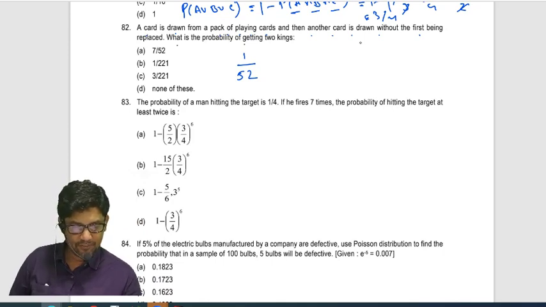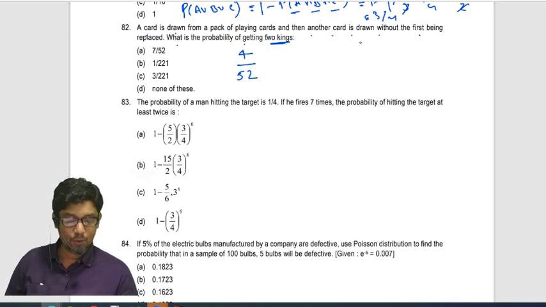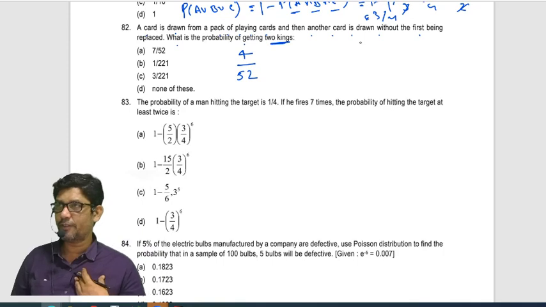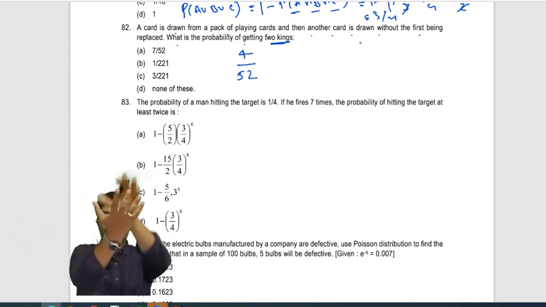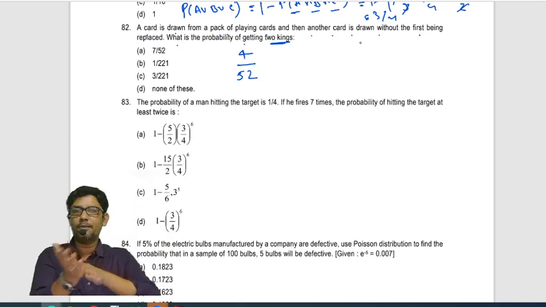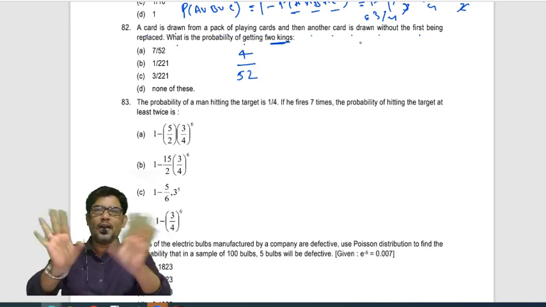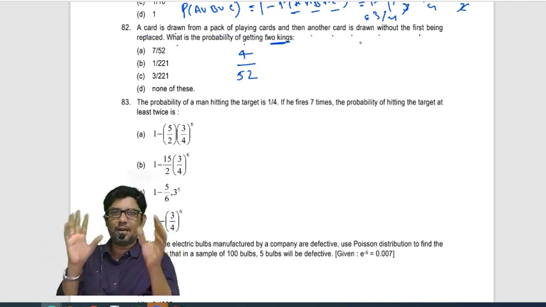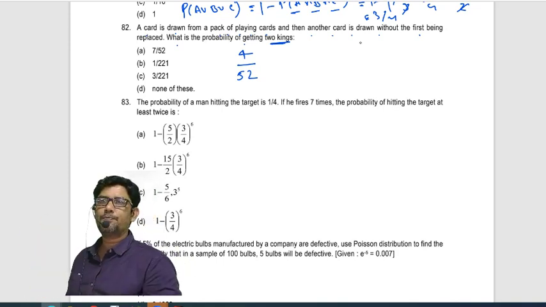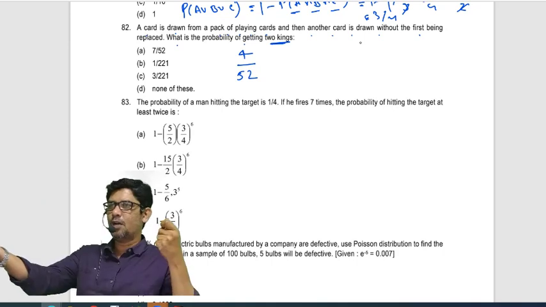What is the probability of getting 2 kings? So first one is a king. Am I right, my dear? So what is the probability of getting king? 4/52. Now listen here. Let us pray to God, this type of question should come in the exam. In a pack of 52 playing cards, I don't want to apply a formula. Think a little logic. How many kings do we have? 4. One card is drawn. It should be a king.